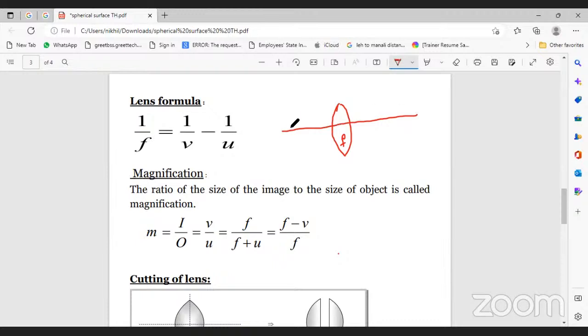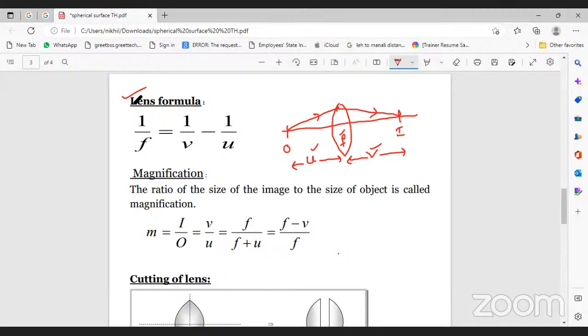The principal axis. On the principal axis, if I place the object O, U represents the object distance. Whenever this ray of light is incident here, the image is going to be formed here. Let us say this final image is I. What is the final image distance? V. There is a relationship between F, U and V, which we call the lens formula.